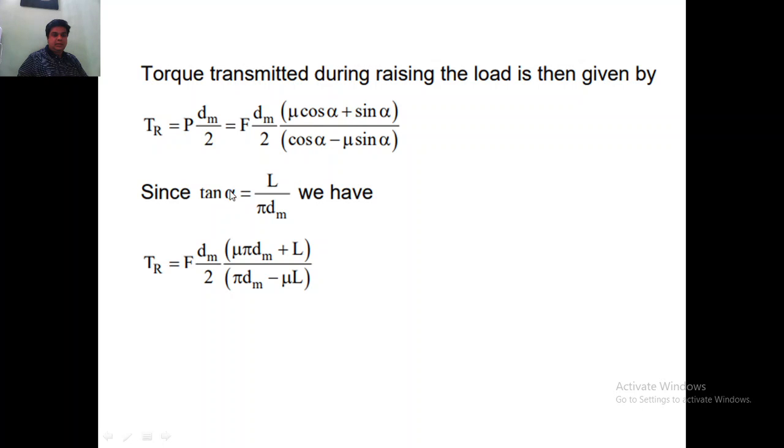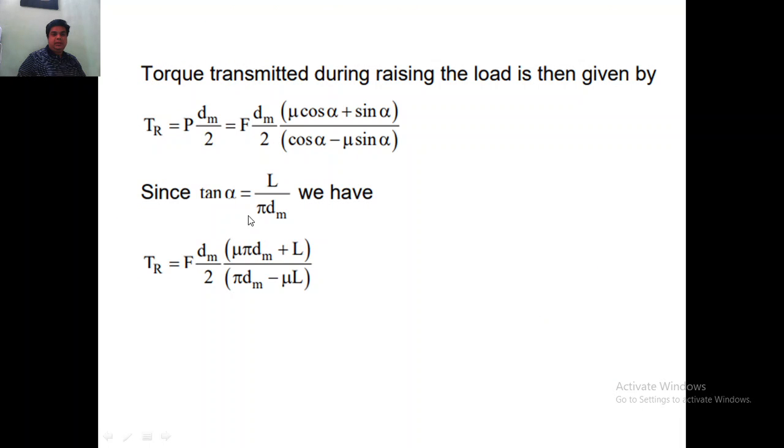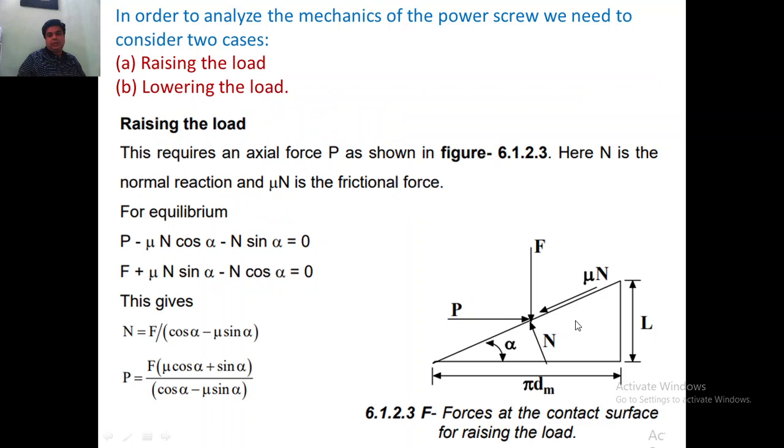And here one more thing, in the triangle, tan alpha is nothing but opposite by adjacent here. So tan alpha is L by pi dm.